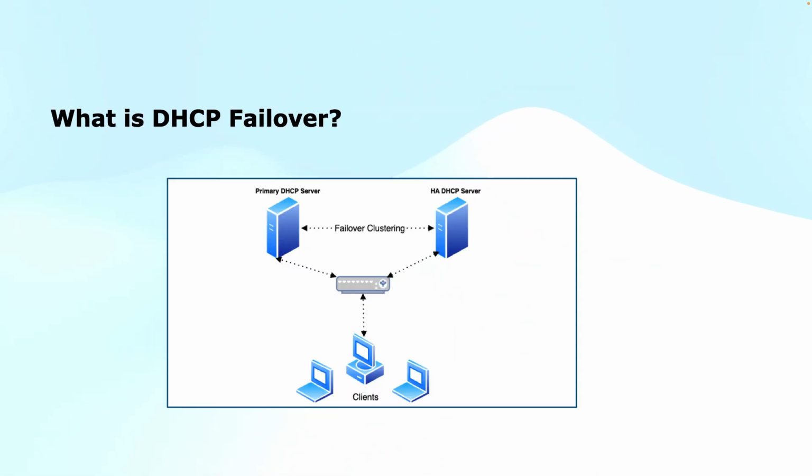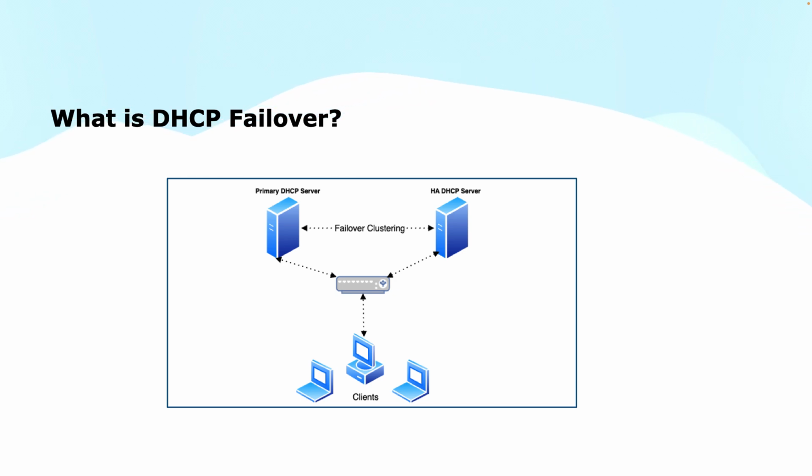First thing first, what exactly is DHCP failover? In simple terms, it's a redundant setup that ensures your DHCP service remains up and running even if one server fails. When you set up DHCP on your network, a DHCP server assigns IP addresses to devices like computers, phones, or printers.